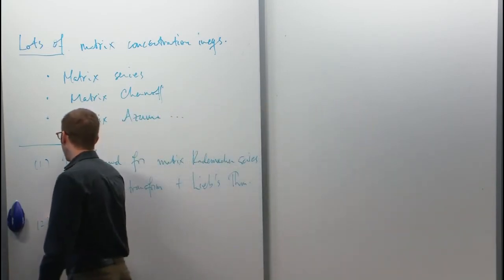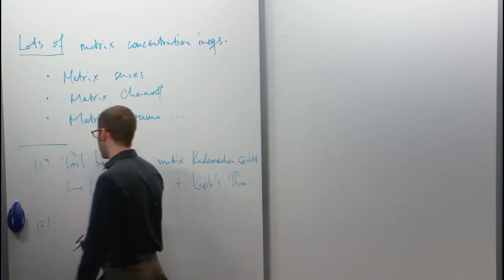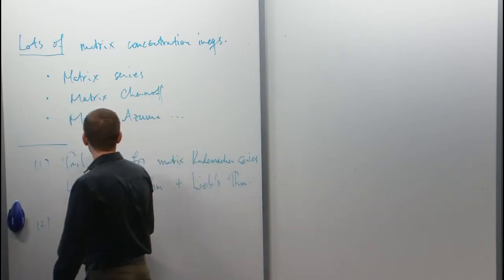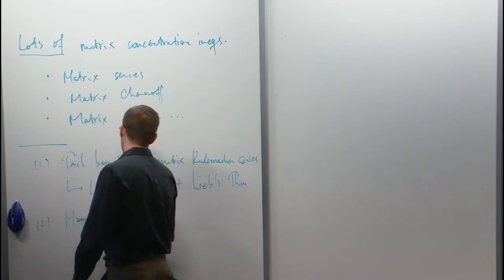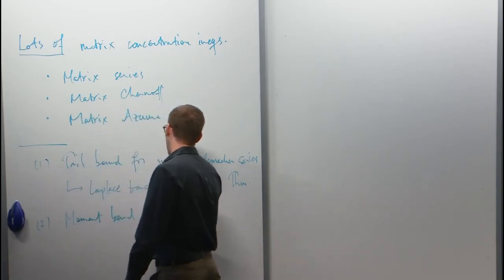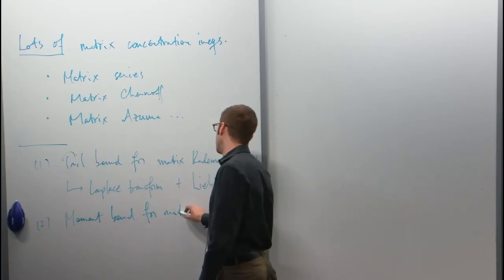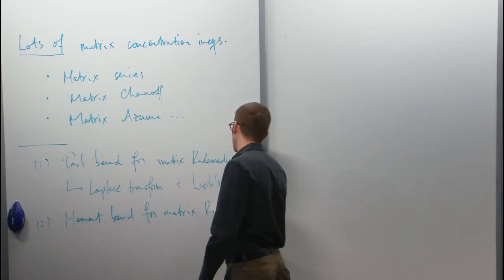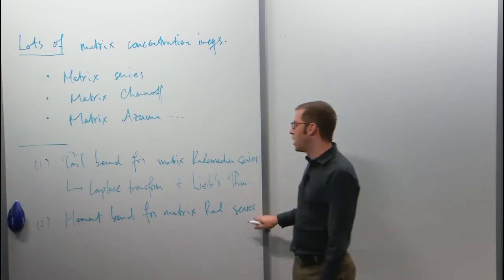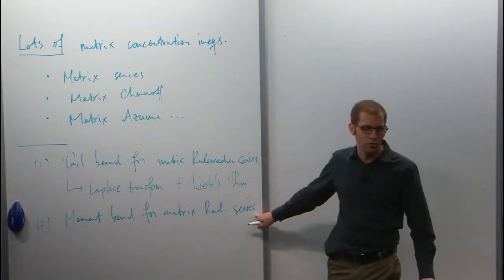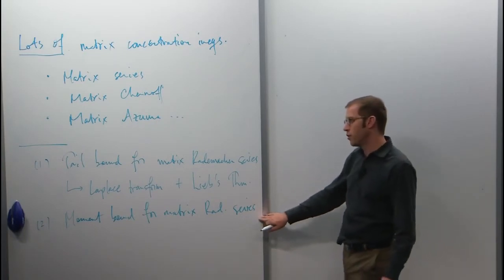And then in the third lecture, for those of you who survive, we're going to prove a moment bound for a matrix Rademacher series. And the approach here, so this is called the non-commutative Khinchin inequality, or the matrix Khinchin inequality. Some of you may have heard of this before.